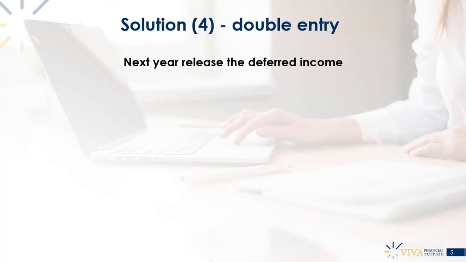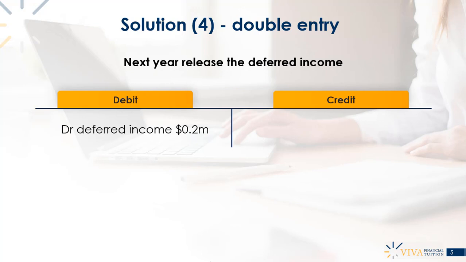So the deferred income liability that we've got, which is a credit, is now going to get debited. Therefore it disappears. Therefore we do not have an SFP deferred income amount anymore. So we debit the deferred income 0.2 million, thus clearing it out, and we credit revenue with 0.2 million. Therefore, we're spreading across the appropriate periods.